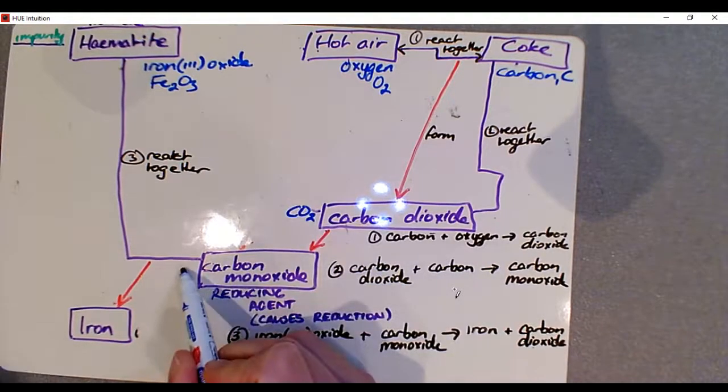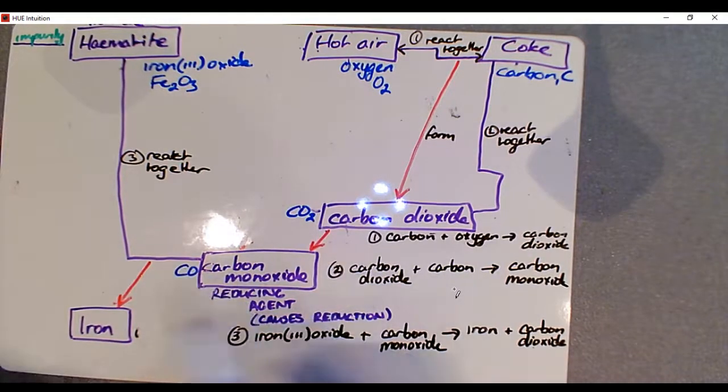Carbon monoxide is CO, and iron is Fe. Now, I'm going to leave the balanced chemical equations to the end, because I'm encouraging you to make sure that you get the word equations sorted and understand those, and then the balanced chemical equations might come together before the end of the year if you work on them.